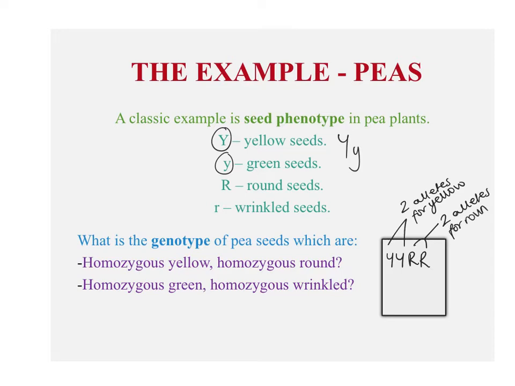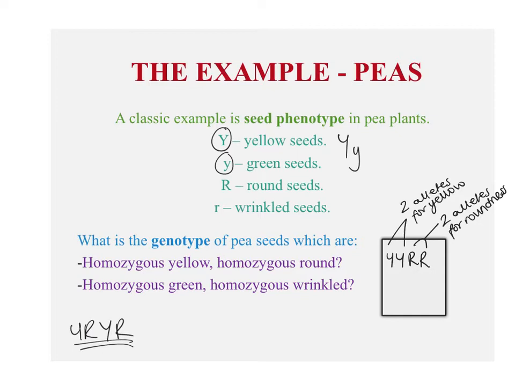And notice how I've kept the Ys and the Rs together. That's really important. You don't want to be sitting there writing genotypes like this just yet with Ys and Rs combined. That's a bit of a mess.